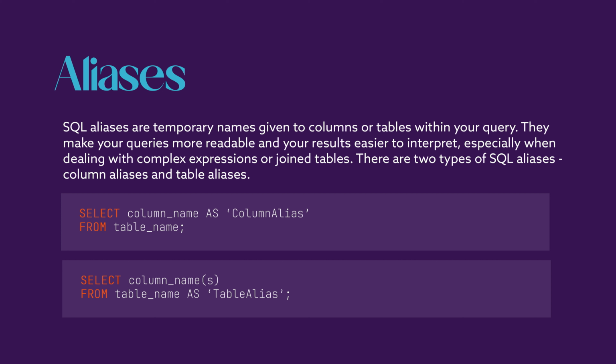They shorten long table or column names, reducing typing and potential errors. And they also provide meaningful names to derived columns or complex expressions, enhancing the clarity of your results. There are two types of SQL aliases: column aliases and table aliases. Let's take a look at how to use both of them.